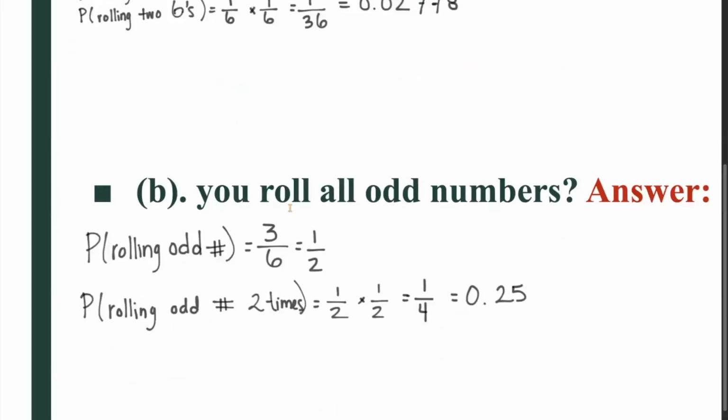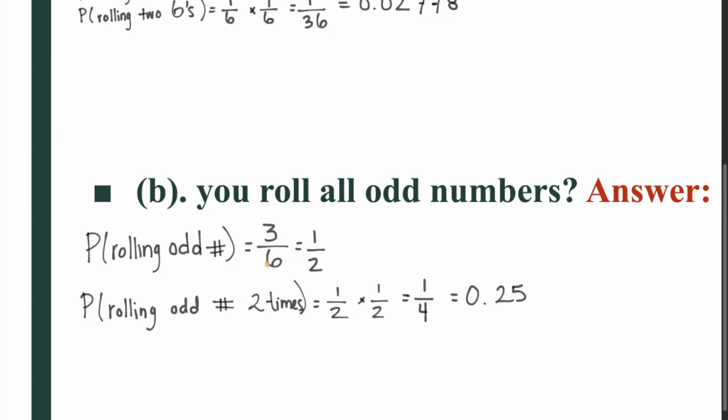Okay, what is the probability that you roll all odd numbers? The probability of rolling an odd number: there are 3 numbers on a die that are odd, 1, 3, and 5. So there's 3 out of the 6 total sides of a die that would make you roll an odd number.